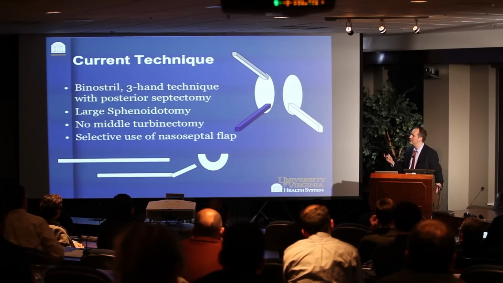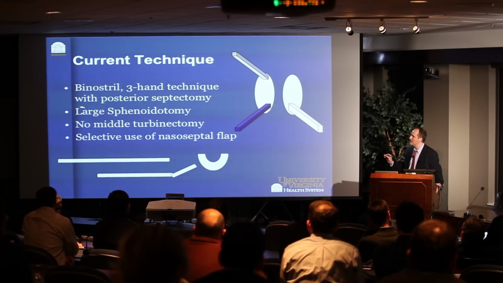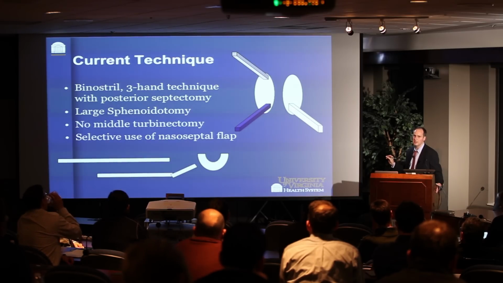Having tried to do it early in my career through one nostril, the key is the size of the sphenoidotomy needs to be appropriate for the resection. The difference between a microscope and an endoscope is that the microscope is outside of the field, and so the necessary exposure of the sphenoid is smaller with a microscopic approach than with an endoscopic approach.